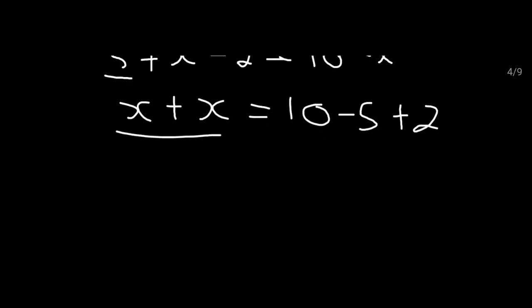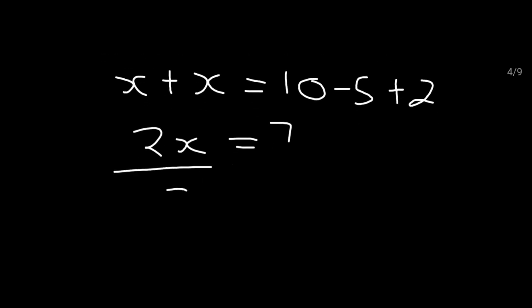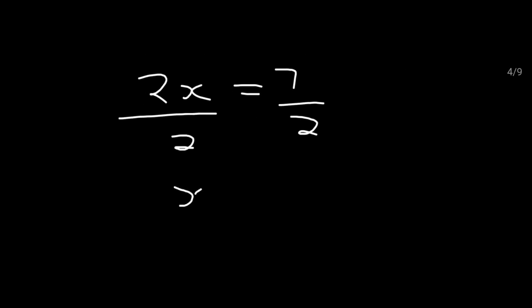Then you get the like terms: x here is 1, x here is 1, they add together to 2x. Then equal to 10 minus 5 plus 2, that's going to give you 7. And then now you divide both sides by 2 because you want to remove that 2. Then x equals 7 over 2.